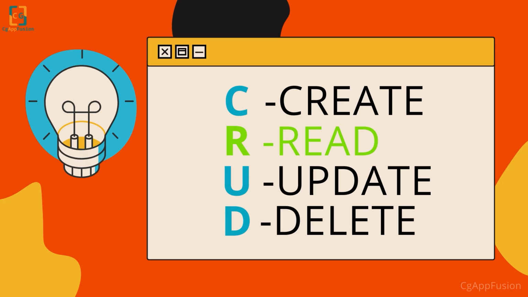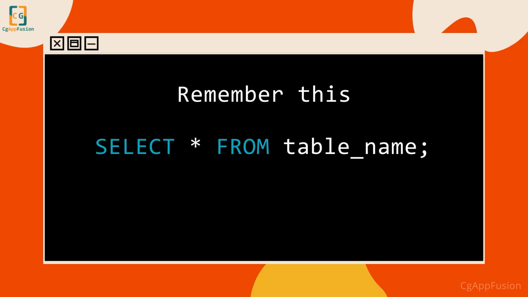So how do we read the data? So far we know that we use select to retrieve data. We already have used many times a select statement. We used select star from table name, which retrieves everything from that table. It's a good example of reading a table because we are retrieving the data that is stored in our database.